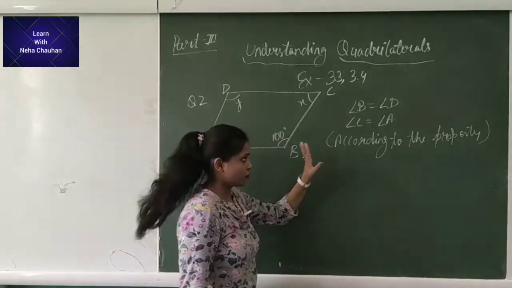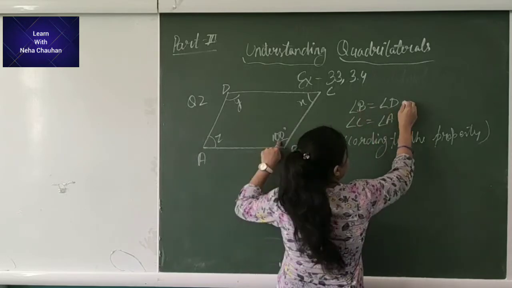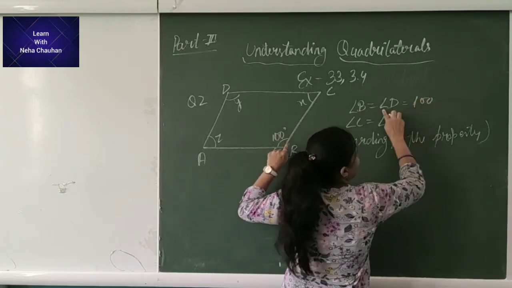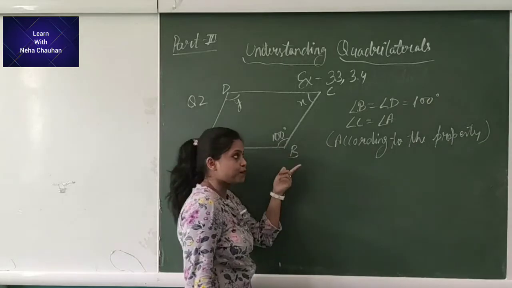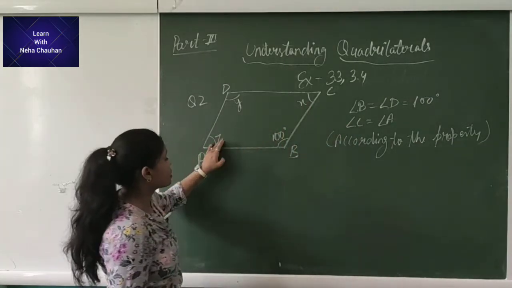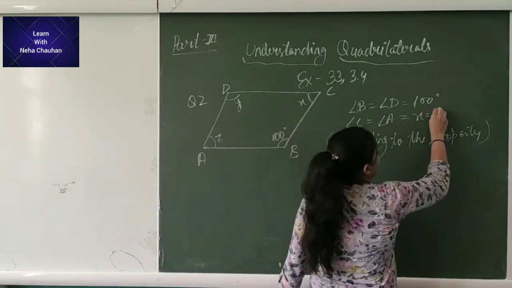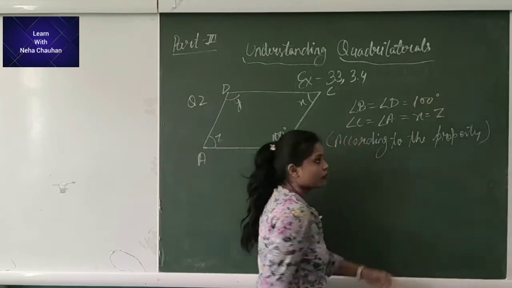Alright. Angle B is equal to 100. So, we can say angle D is also 100 degrees. Angle C is angle X. Angle A is Z. So, we can say this is equal to X or equal to Z.